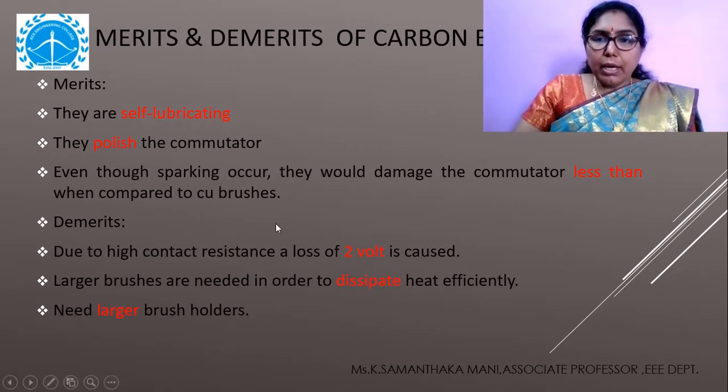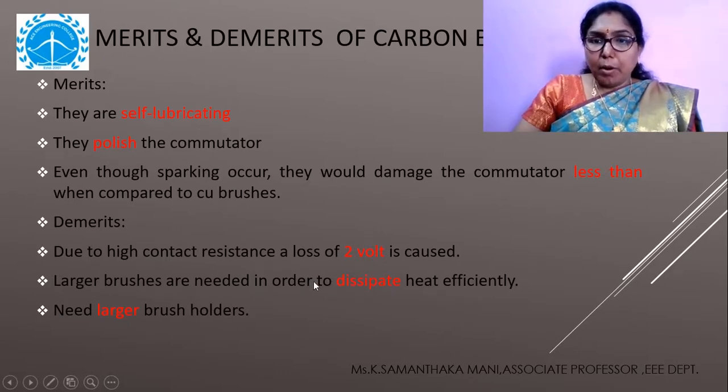And next, the brushes are larger in order to dissipate heat efficiently. The heat developed at the brush contacts, as the resistance offered by these carbon brushes will be more, we need to dissipate as early as possible. For that, larger brush areas will be taken, so that the problem of dissipating heat is handled very quickly.